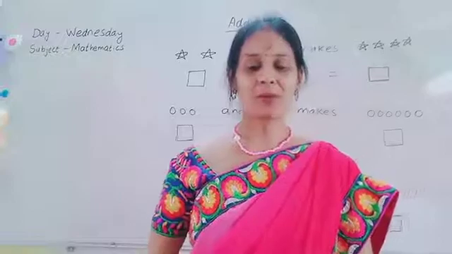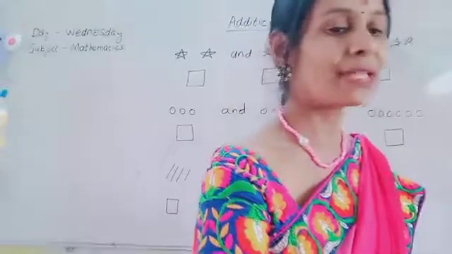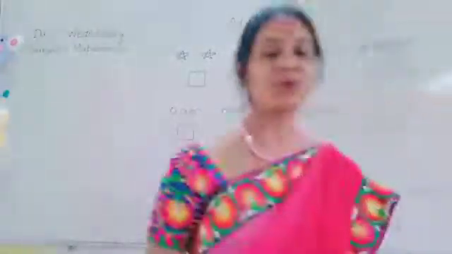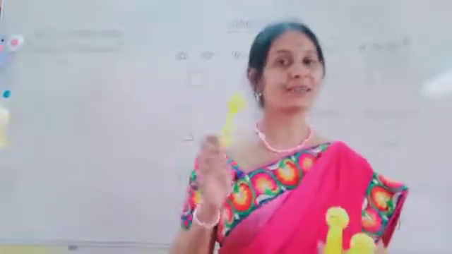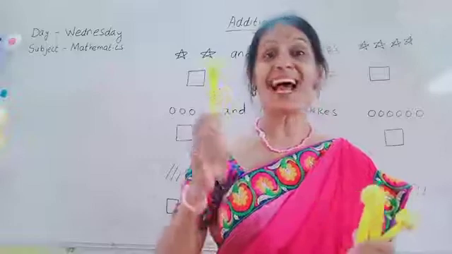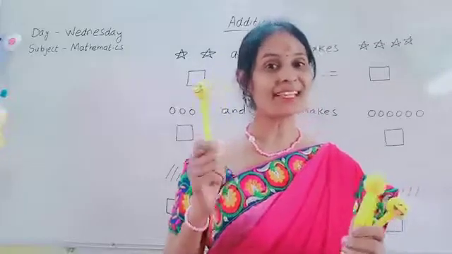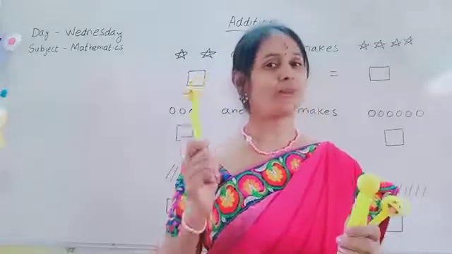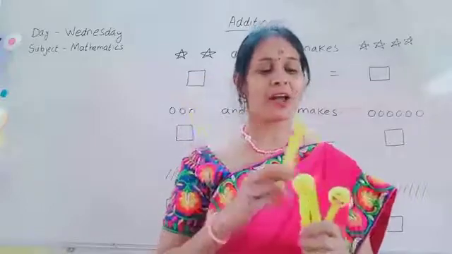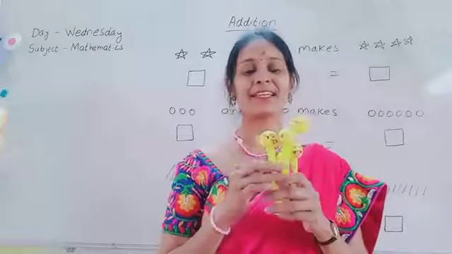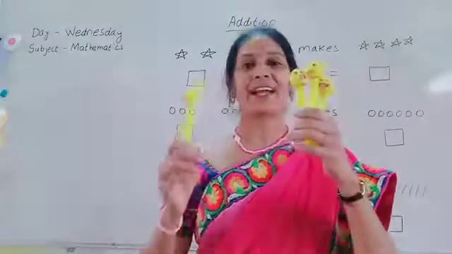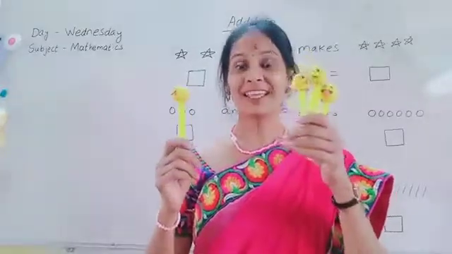Okay, now I am going to give you one more example. Now tell me, what is this? A smiley. How many smileys are in this hand? Only one. Okay. Now tell me, how many smileys are there in this hand? There are 3.